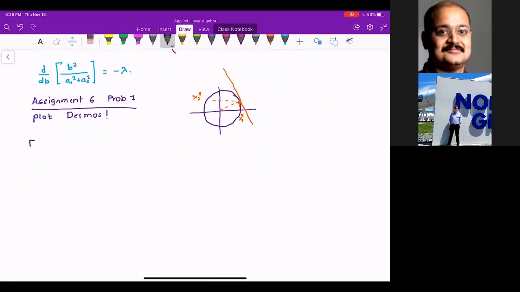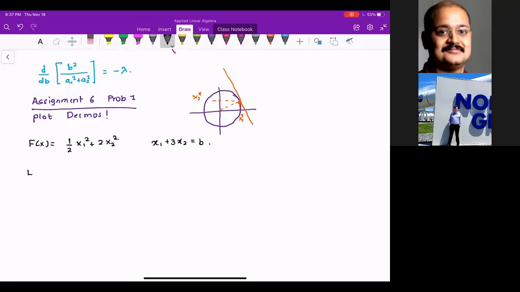So f of x is 1/2 x1 square plus 2 x2 square, and your constraint equation is x1 plus 3 x2 is equal to b.